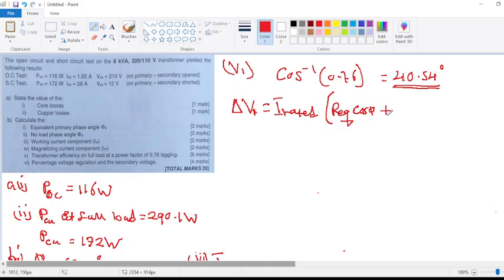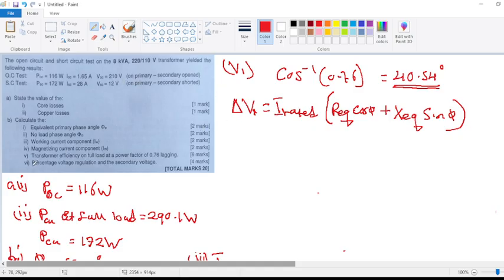The reason I'm putting a plus here is because it's lagging. If it was leading, there would be a negative here. Then you multiply by the equivalent reactance with the sine of the load angle given. This is how we calculate the voltage drop on the primary side.